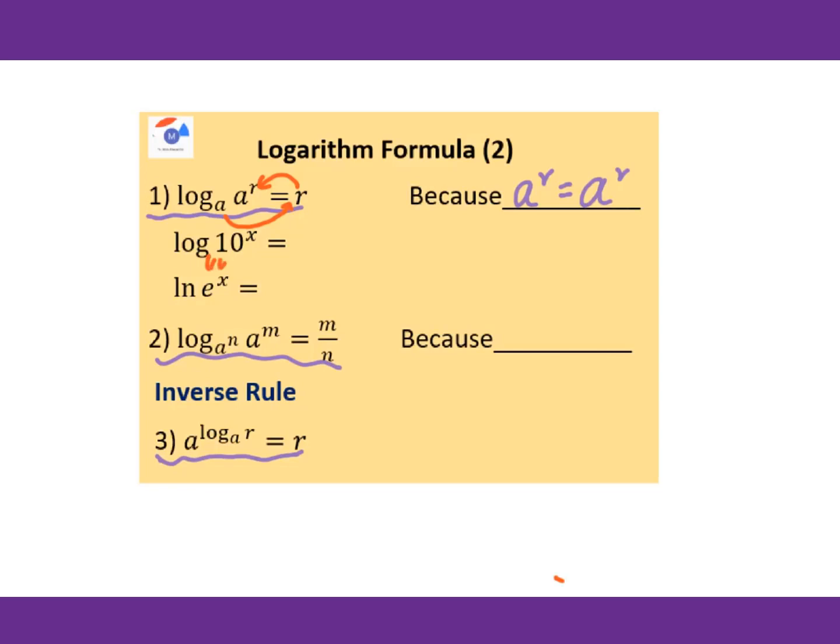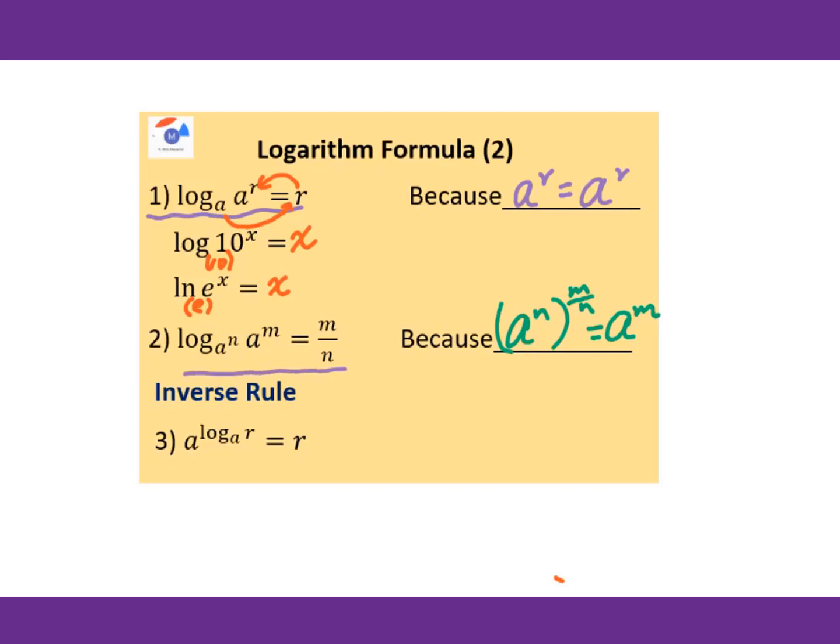This is a 10, therefore you will get x. The base is e for natural log. Therefore, this is x, because a to the n's power to the m over n's power equals a to the m's power. Therefore, this is true.